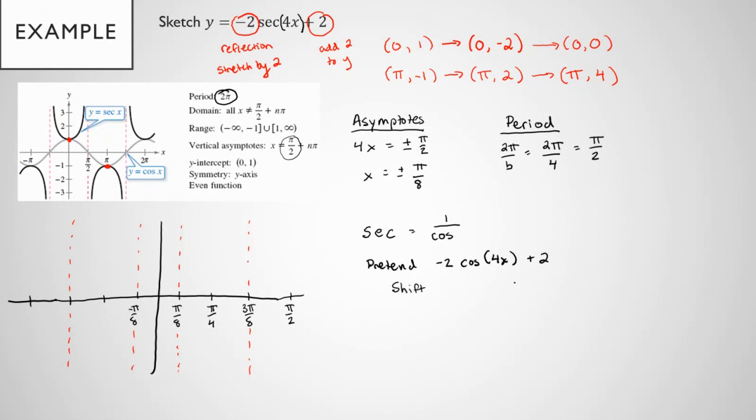So our rules for sine and cosine is that when you have a cosine or a sine, your shift is going to be c over b as one value, and then c over b plus your period. So we don't have a c value. It's going to be 0, but b is going to be 4. So we're going to be centered at 0 for our x. So, well, we knew that already.